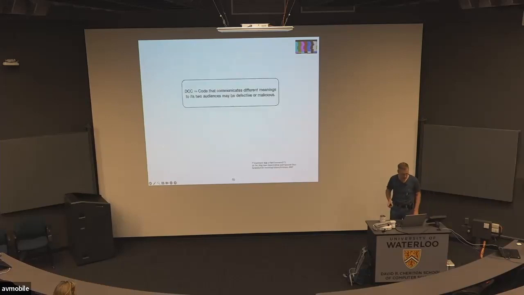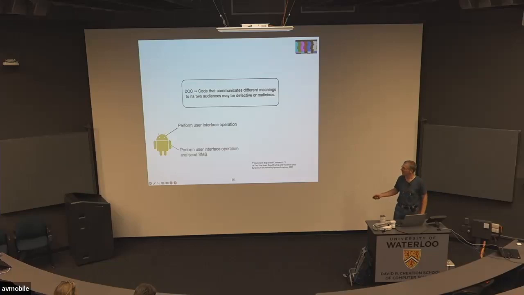Dual channel constraints imply that code that communicates different meanings to its two audiences may be defective or malicious. An example would be an Android app that performs some user interface operations. It's a banking app, and it asks you for permission to display the balance or to transfer between your checking account and your savings account.